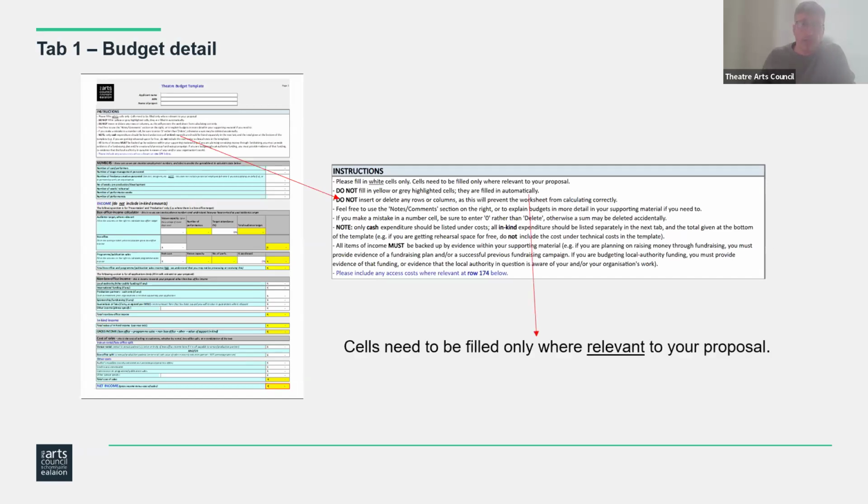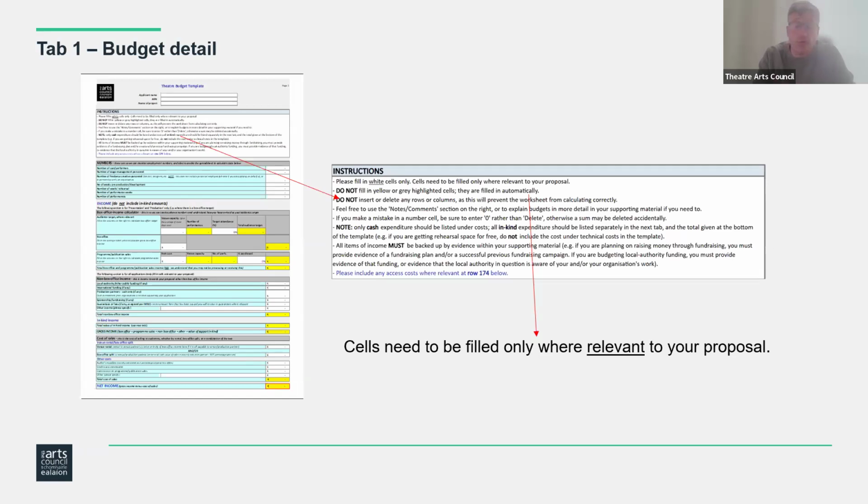We know that you may not need a choreographer, you may not have a movement coach or any other kinds of roles, or if you're doing a simple one-person show, you may not need different kinds of set costs, etc. So if there's a cost listed that isn't relevant to you, you can just leave it blank. You don't need to fill it in.